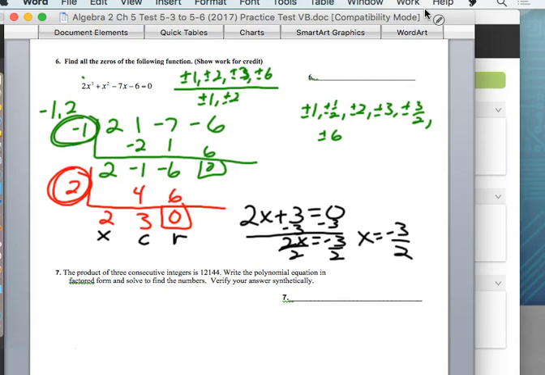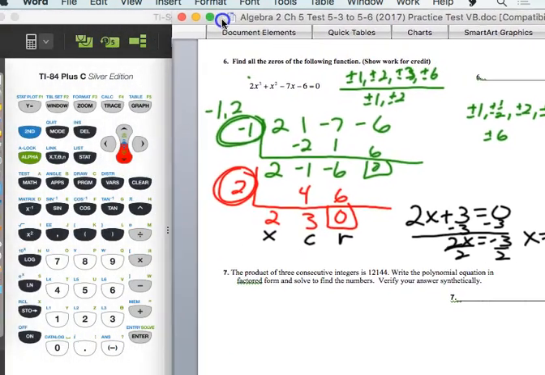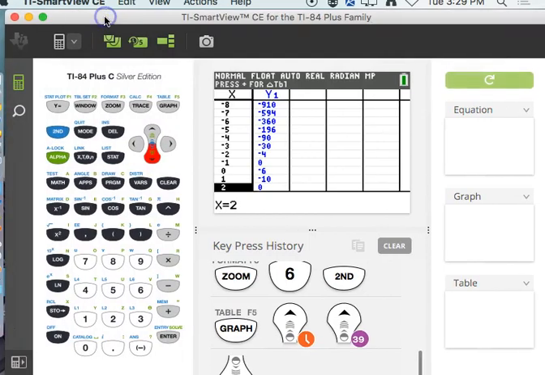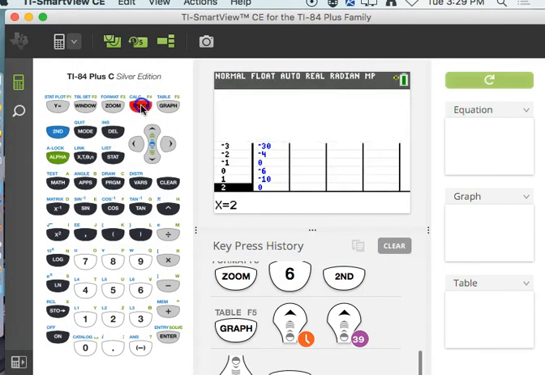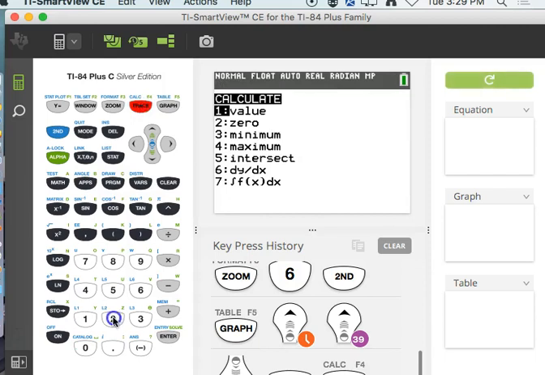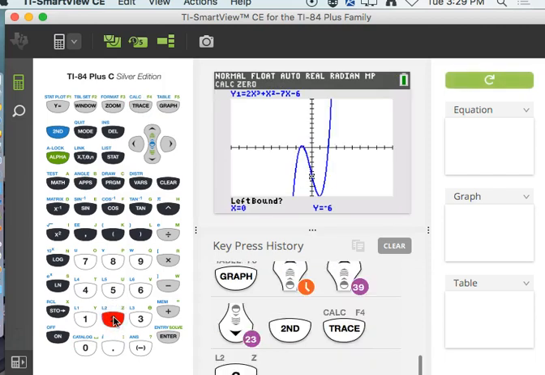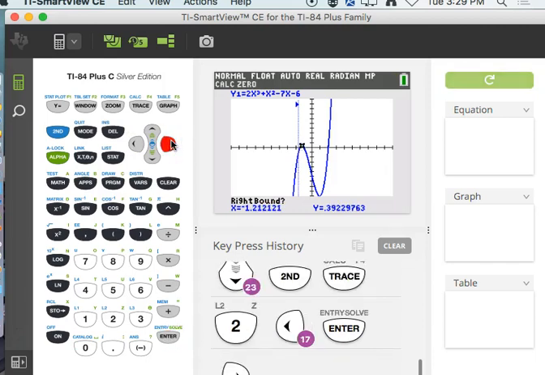Now, you could have done synthetic with that -3/2 if you used Blinky, second trace, to figure out where that last 0 is. So right now, Blinky's kind of lost in here, and I need Blinky to tell me this 0. So I go to the left of it, and then I go to the right of it until it's above the x-axis, press enter, and enter through guess. -1.5 is -3/2.